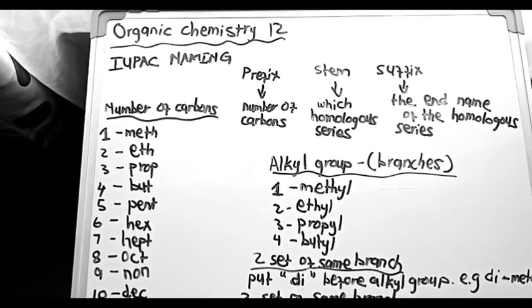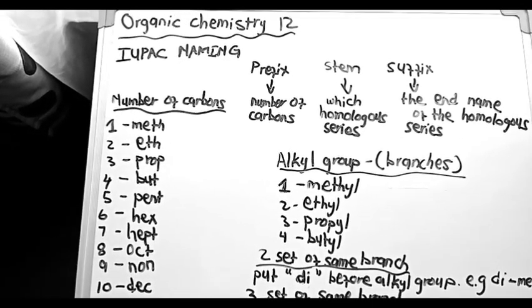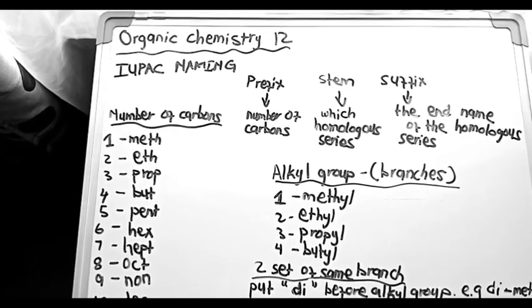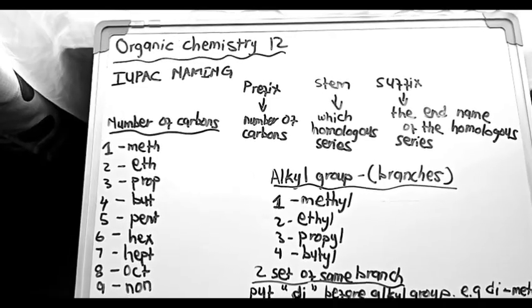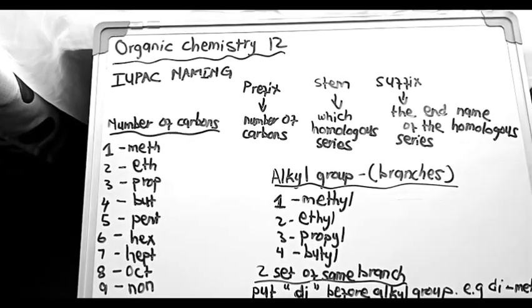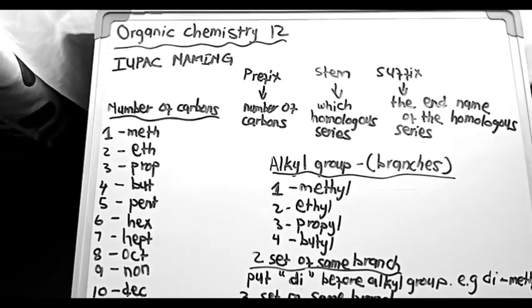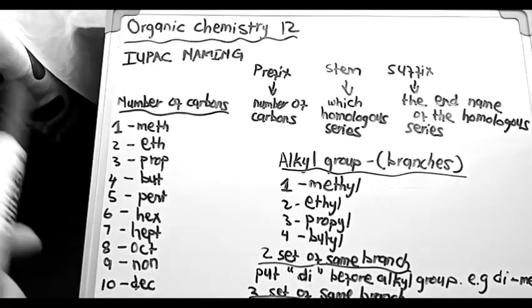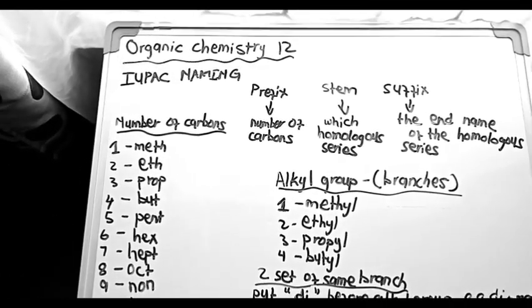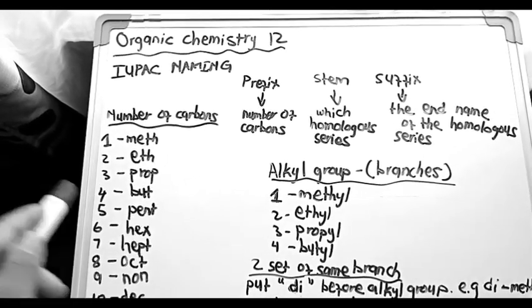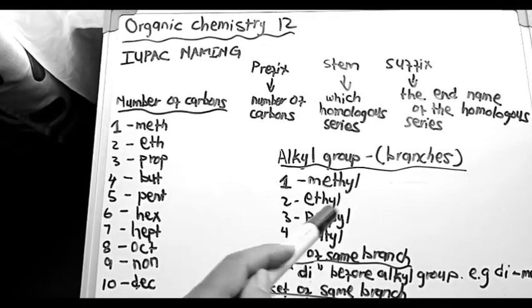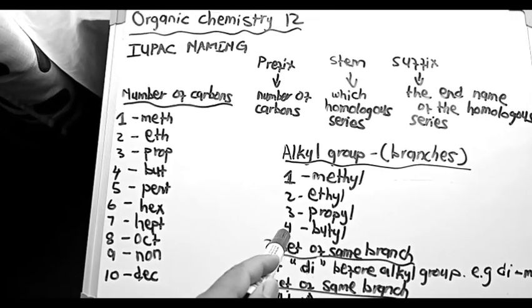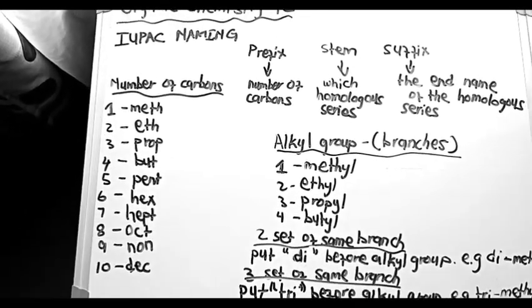In your longest main chain, if ever there are other carbons which are not included, it means they stand for the alkyl group, the branches. If you have one carbon outside your longest main chain, it means it's methyl. If there are two, ethyl, three, propyl, four, butyl.